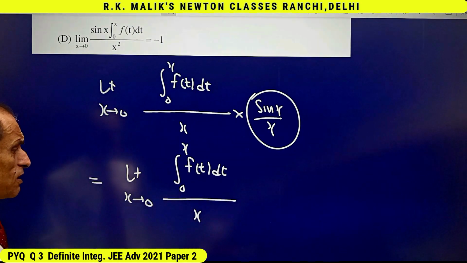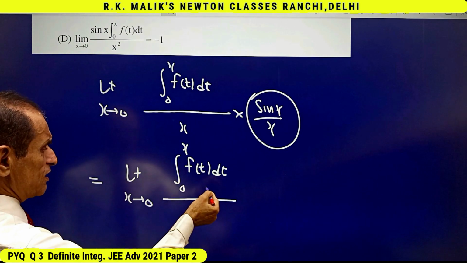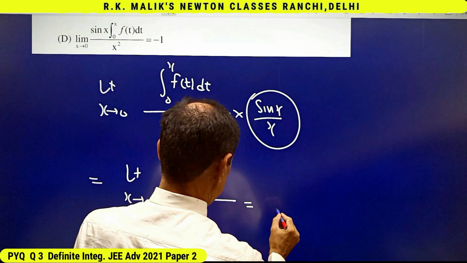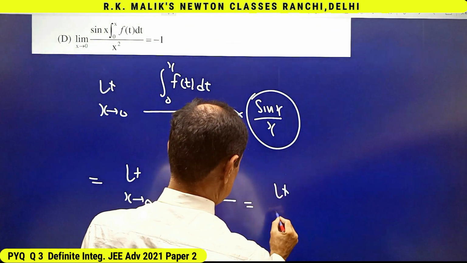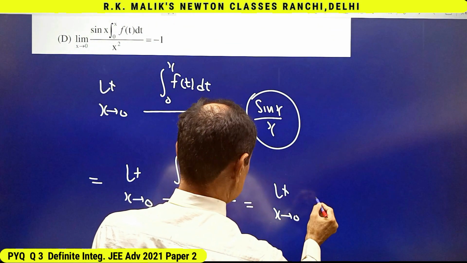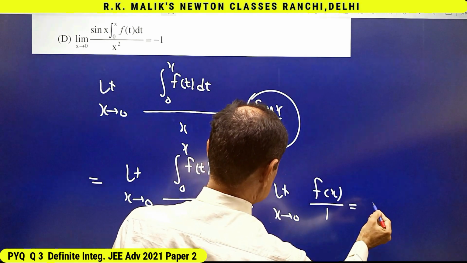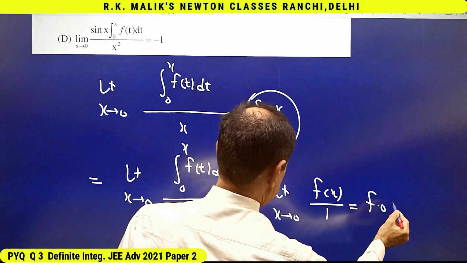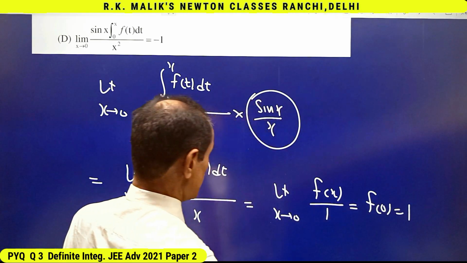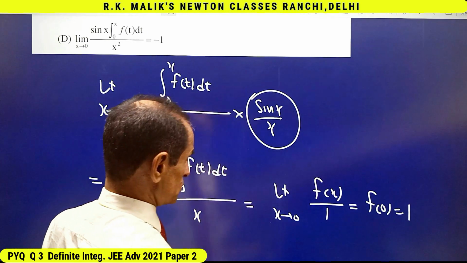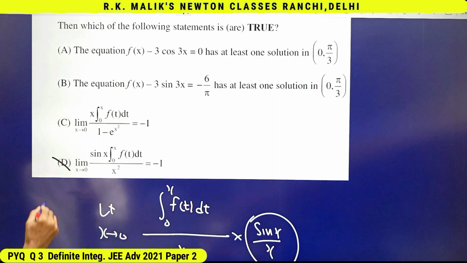Again, as in the previous case, it is tending to 0, hence using L'Hopital's rule, I get f(x) upon 1, which is f(0), which is 1. This is equal to this because the function is given to us as continuous. Hence I will say D is the wrong choice.